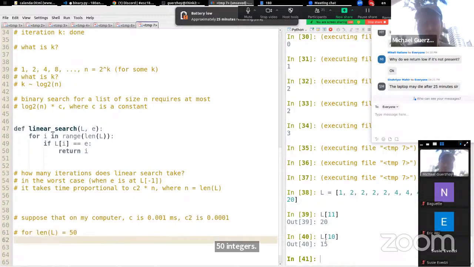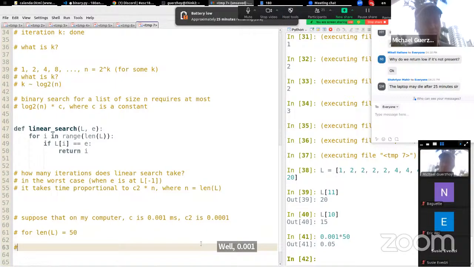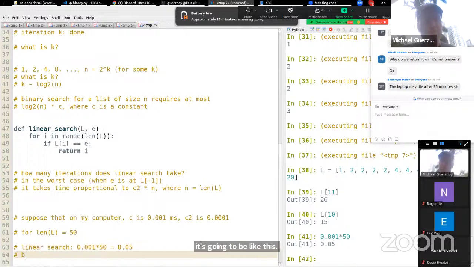well, 0.001 times 50 is going to be like this. And then binary search. So put units on there like they probably tell you in physics.